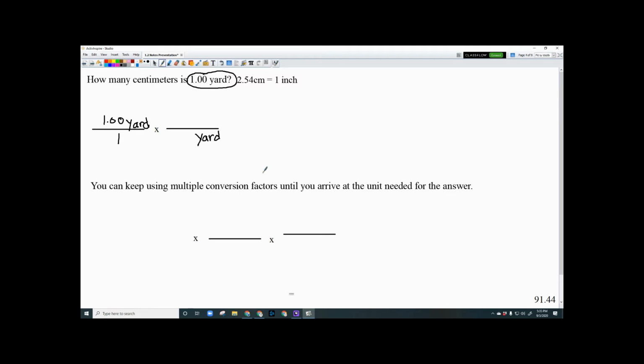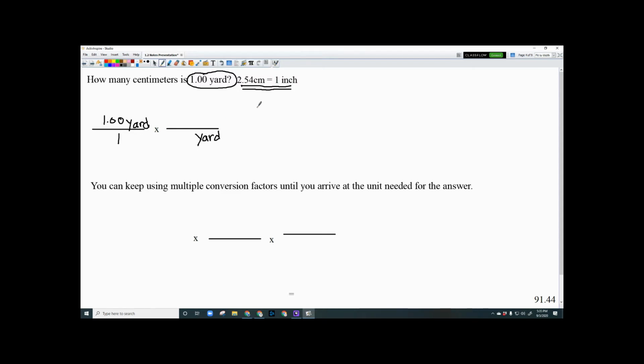Question number 3, what conversion factor can I write where the values are equivalent? Okay, so we're trying to get to inches because here's our conversion factor that's given to us. 2.54 centimeters is equal to 1 inch. So can we go straight from yards to inches?